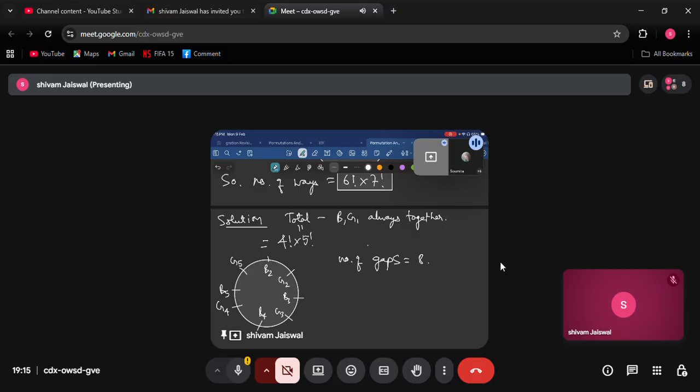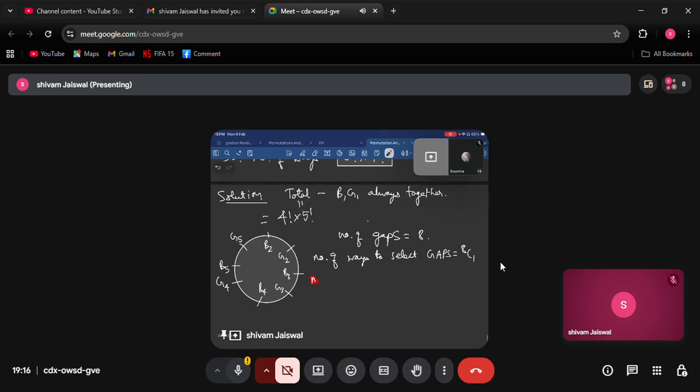Number of ways to select the gaps will be equal to 8C1. Right. Next, after selecting the gap, in how many ways can they arrange themselves in that gap? 3 factorial, 2 factorial?